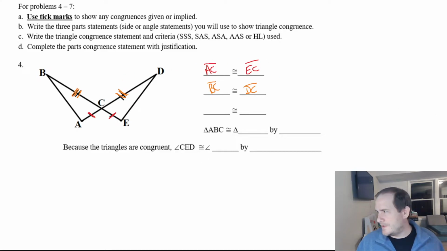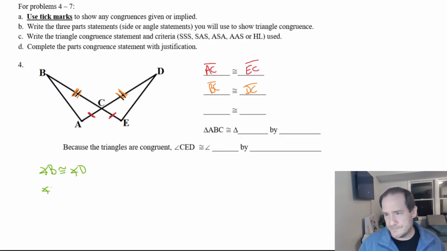There's a few more things we could possibly try to prove. So I see an angle B and an angle D. Maybe those are congruent. I see an angle A and an E. I see these angles in the middle, ACB and ECD. And then there's the one pair of sides left that we haven't labeled, so maybe BA and DE.